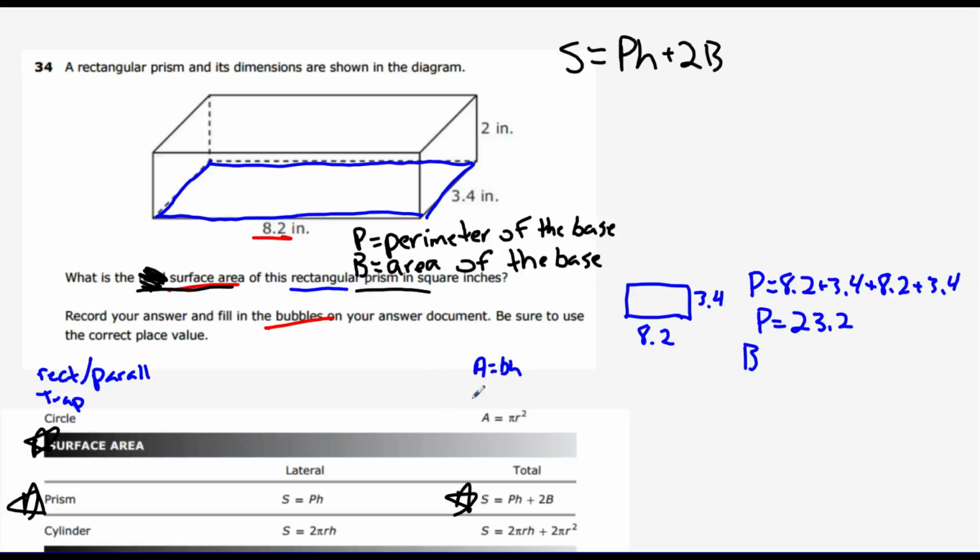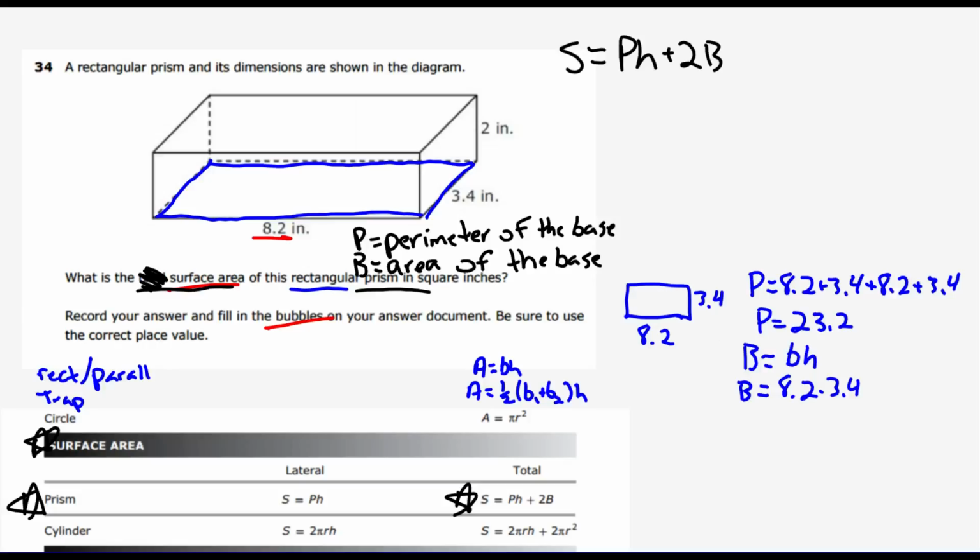There might have been triangle in there too. I don't remember. Look at your formula chart. Trapezoid's half base 1 plus base 2 times height, which is unrelated to the question. We just need this one here. Area of a rectangle is base times height, or in our case, 8.2 times 3.4. So go back to the calculator, because I don't want to work that out.